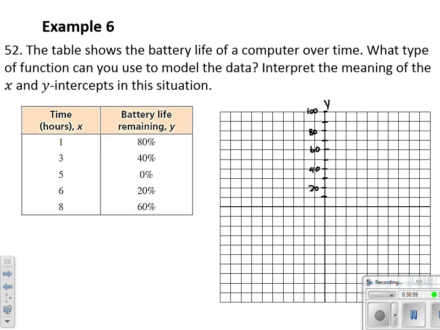And then my x-axis represents the time in hours that this computer has been on or running. That's just going to be by ones. So we've got 1, 2, 3, 4, 6, 7, 8, 9, 10. Okay, and then of course we've got 0, 0 as our origin point.